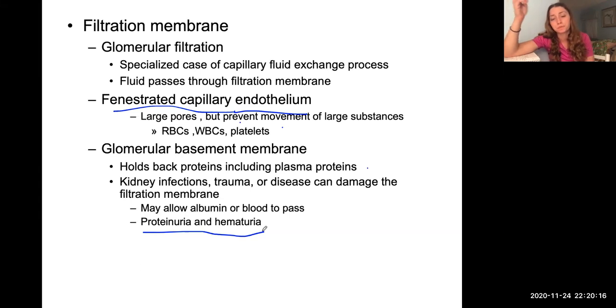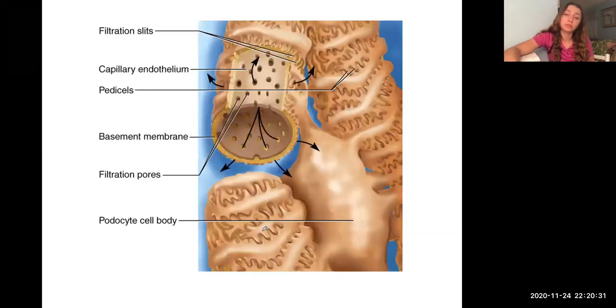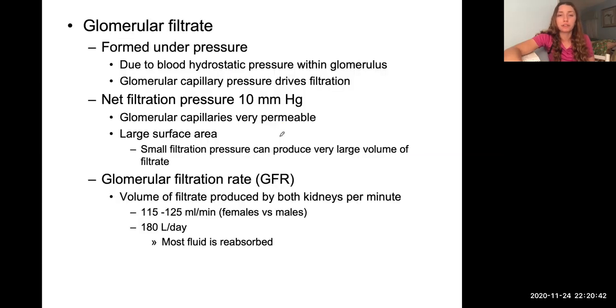So proteinuria is when you find protein in the urine, and hematuria is when you see blood in the urine. This is just showing you the filtration slits, the fenestrated pores.